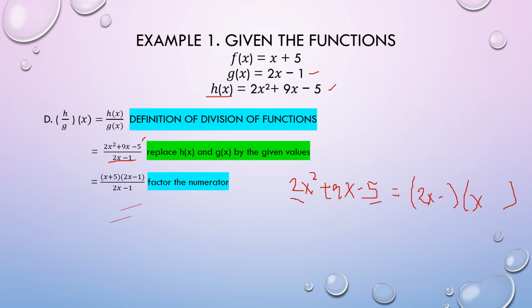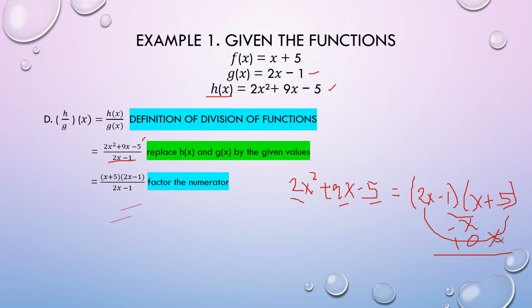Okay, so since our middle term is 9x, I think I'm going to put 1 here, and then the other factor is here. Now, let us check the middle term if we got the right combination. So, we have here negative 1 times x, negative x. And we have 2x times 5, we have 10x.